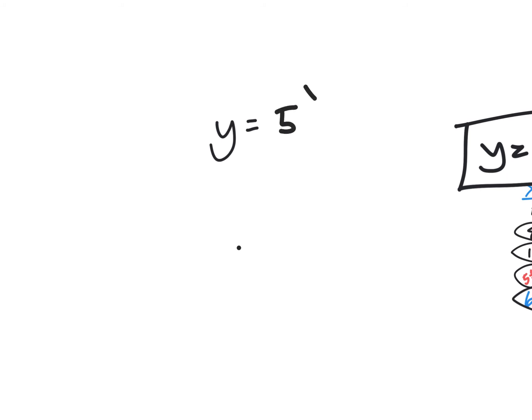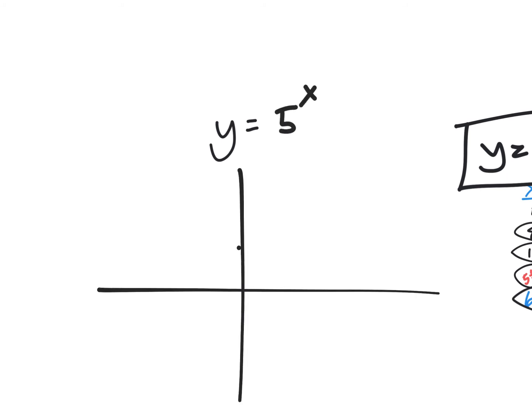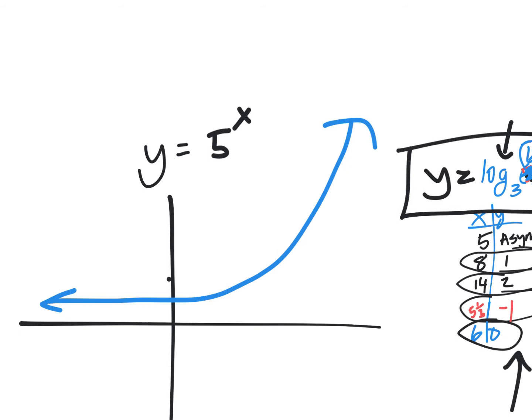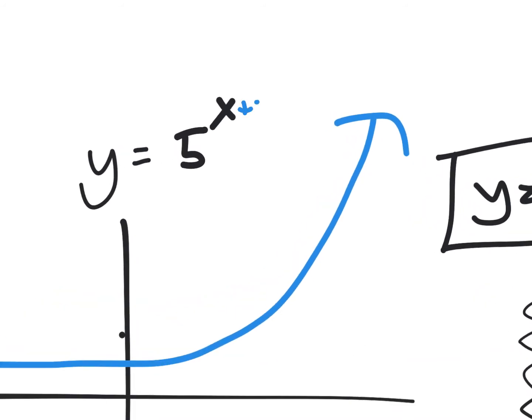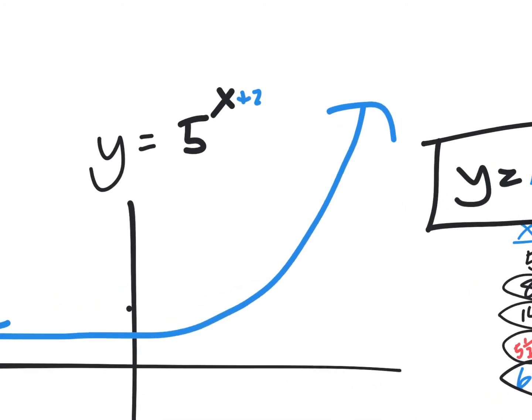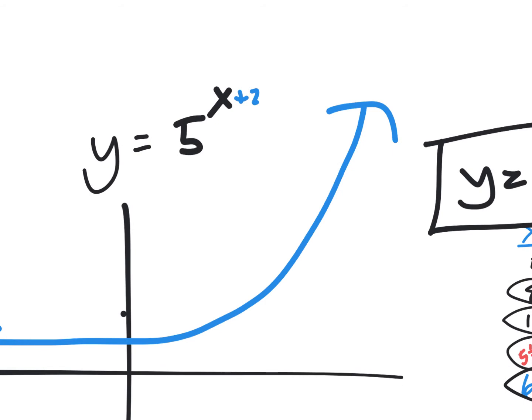Say I said 5 to the x. First of all, you have to know exponential growth looks like this. Then you have to know if I decide to play around with it and say, let's add 2 up here in the exponent. Do you get it would move? You'll go 2 to the what? 2 to the left.